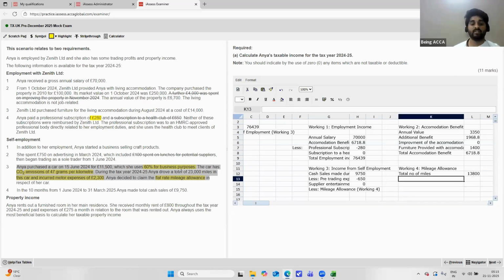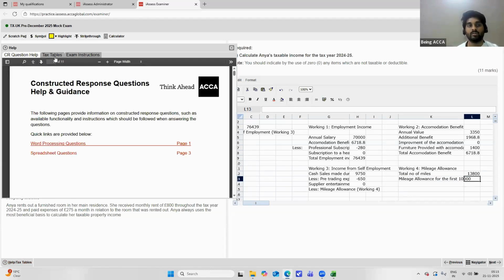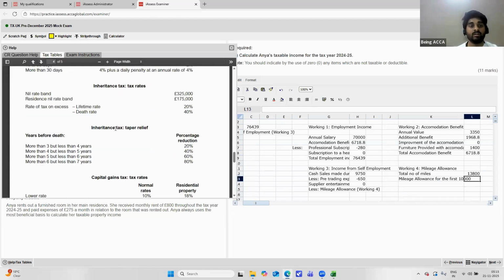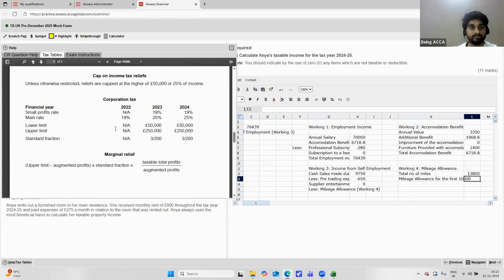So what is the mileage allowance? Mileage allowance for the first 10,000 miles would be at 0.45 pence. Again, you do not have to remember this because it will be provided to you in the examination.